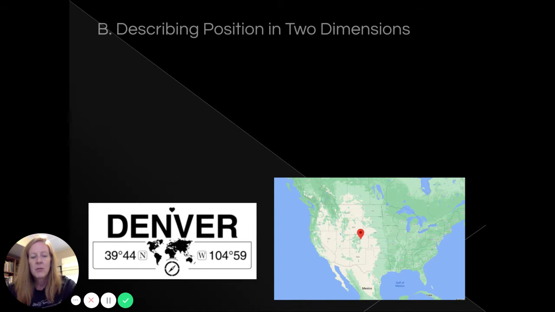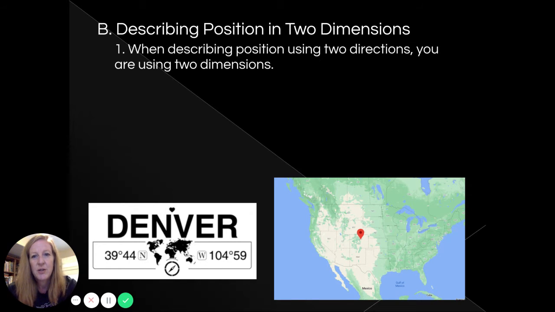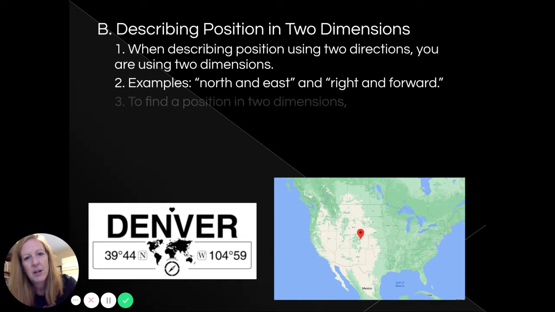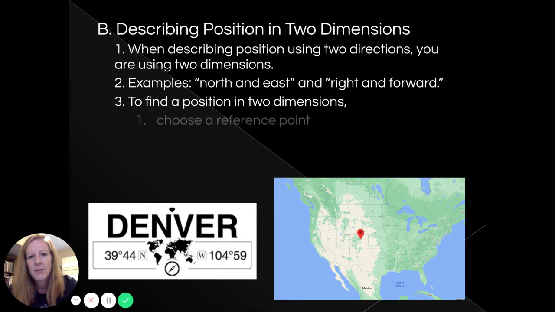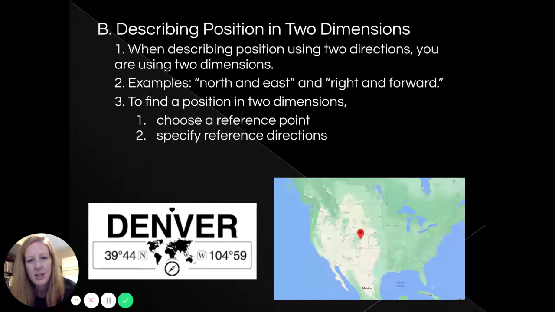When we're describing the position of something in 2 dimensions, we're going to use 2 directions. Examples would be north and east, or right and forward. So to find a position in 2 dimensions, you choose a reference point and then specify reference directions.